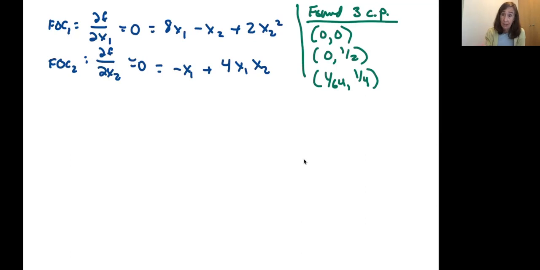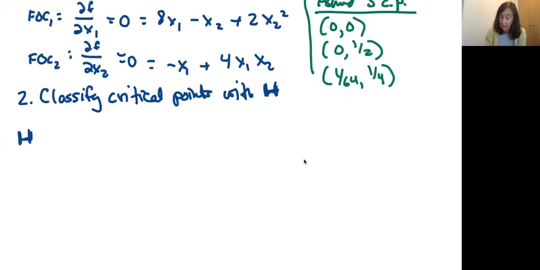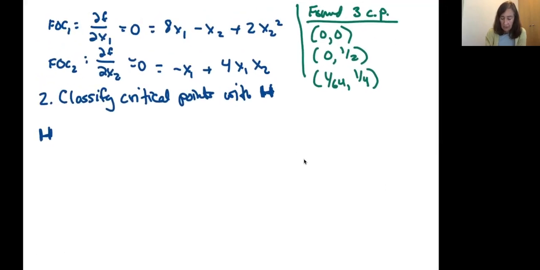Let's go back to the main narrative. The second step now is we want to classify the critical points with the Hessian matrix. This is why I wanted to copy my first derivatives, because I need to take their derivatives to find the Hessian.